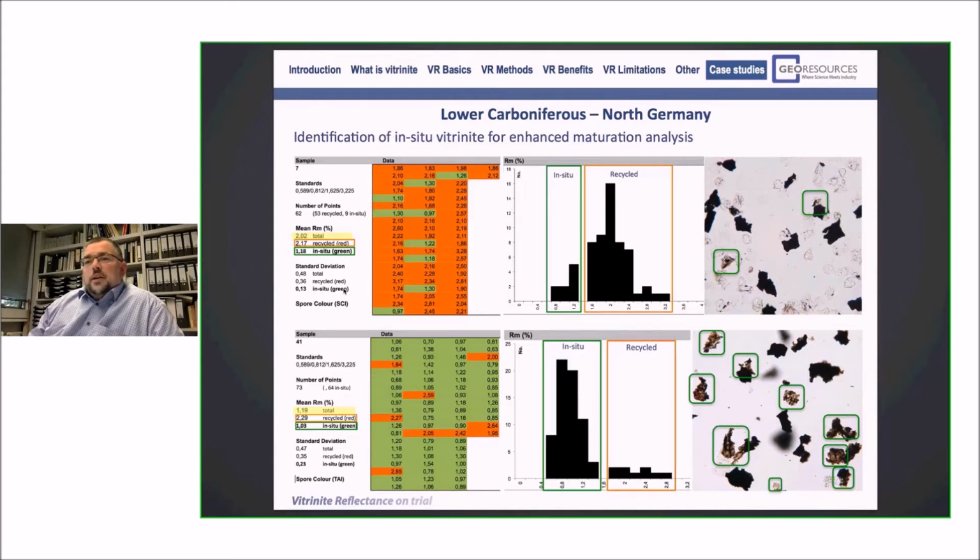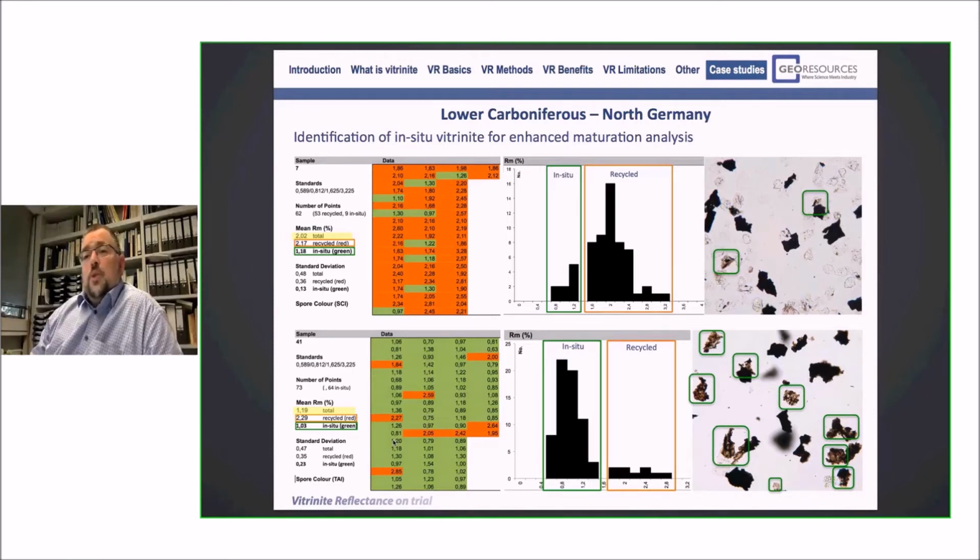And in detail, we see here the total vitrinite reflectance, 2% here, 1.2% here, but the in situ maturation, which is really relevant for the identification of the basin thermal history, is relatively similar, 1.18 to 1.03.